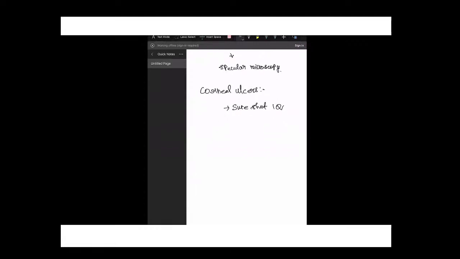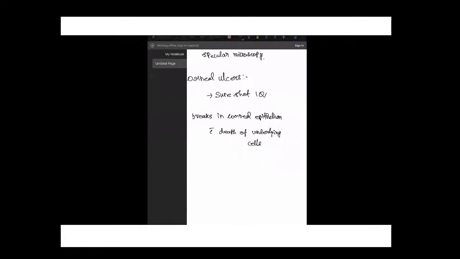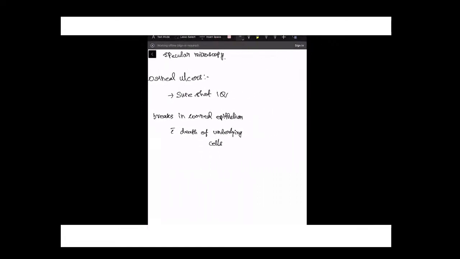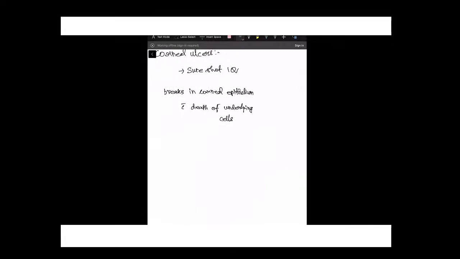So we'll start with corneal ulcer. In corneal ulcers, there is a break in the corneal epithelium with death of underlying cells.